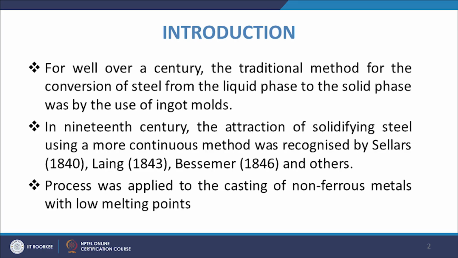For well over a century, the traditional method for the conversion of steel from the liquid phase to the solid phase was by the use of ingot molds. As we discussed, in the normal casting process you have a conventional finite sized, small mold, and you pour the liquid metal from the furnace into that mold and then allow it to solidify.